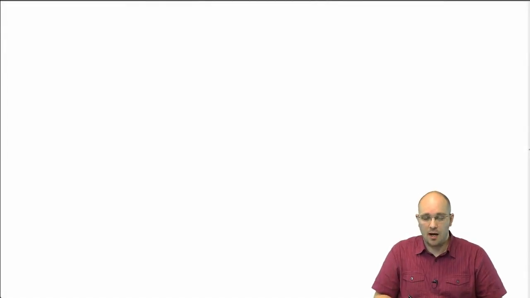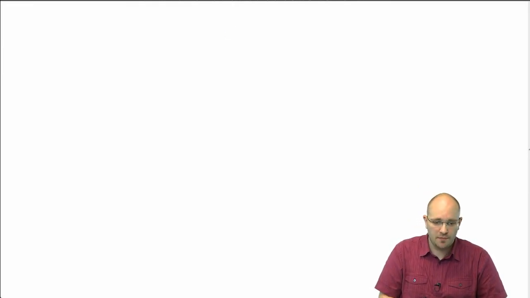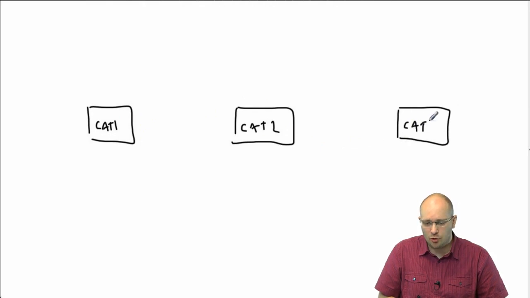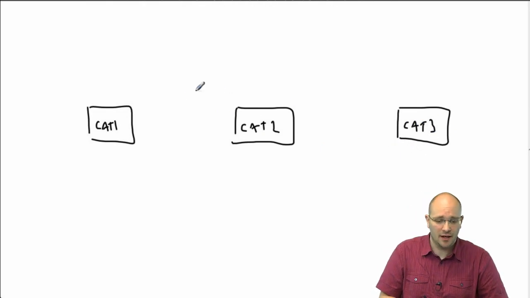In this example, I'm going to use a very similar but slightly simpler network than the one I used before. So I'm going to use two switches, Cat1 and Cat2. I will also have a switch 3, my Cat3, but I'm not going to be using it to begin with. I'm just going to visit it a little bit later on.